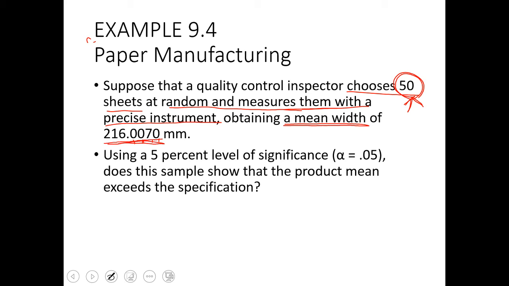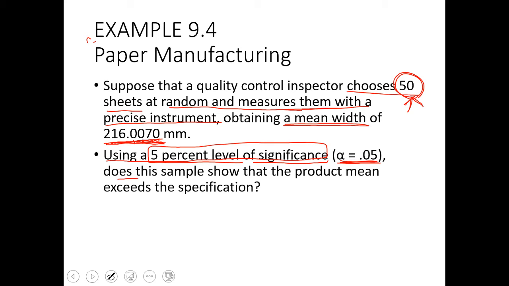Okay? The mean width of the randomly selected papers is 216.0070, and we use a 5% level of significance, so alpha is 5%.